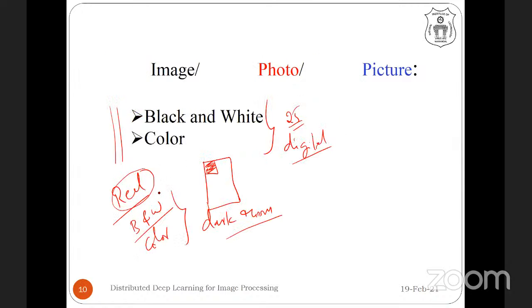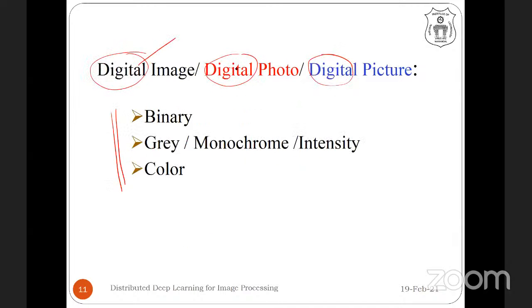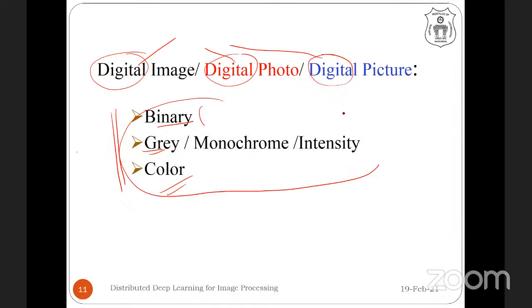Based on the kind of numbers that you use, we are telling whether it is a gray photo, which we call black and white, a binary photo, or a color photo. But in all these cases, the image is going to be represented by using some digits.